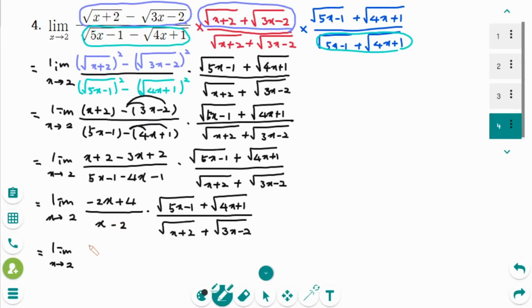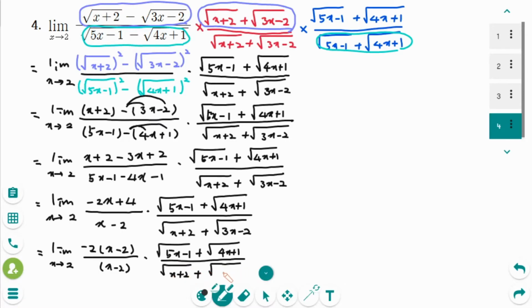And we can factor the numerator, take out minus 2, and x minus 2 over x minus 2, and then the second fraction. And then cancel the common factor. Then put 2 into x.